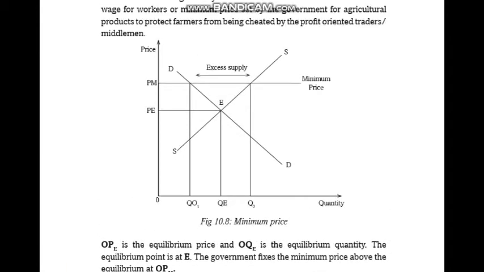It is illustrated here. You can see there is excess supply, and PE equals price equilibrium, and PM is the minimum price. It is a minimum price set by government. It is a price on the market.